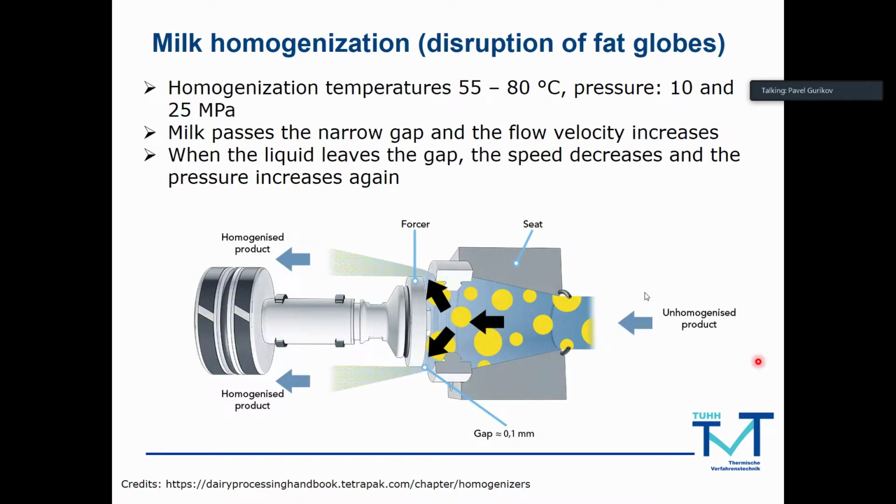Look, the principal idea is extremely simple. So you have an unhomogenized milk product in the general case, and you pass this coarse emulsion, because the particle size is very high, through a gap, a very small distance between the forcer, which is a stationary part of the equipment, and it is just 0.1 millimeter, this gap.